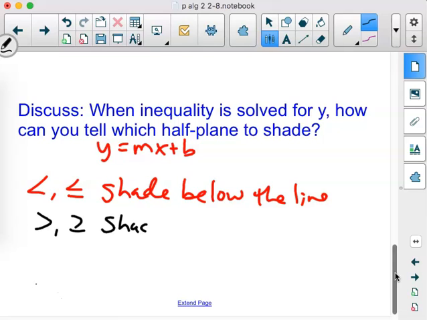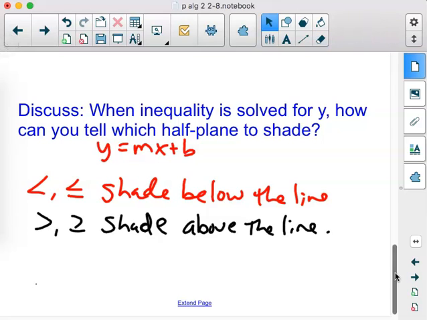No, I started to say it reverse, but I didn't. Shade above the line. So less than or equal to, we're shading below. Greater than or equal to, we're shading above. But much safer to just test a point, especially if you can test 0, 0. Much safer to do that.